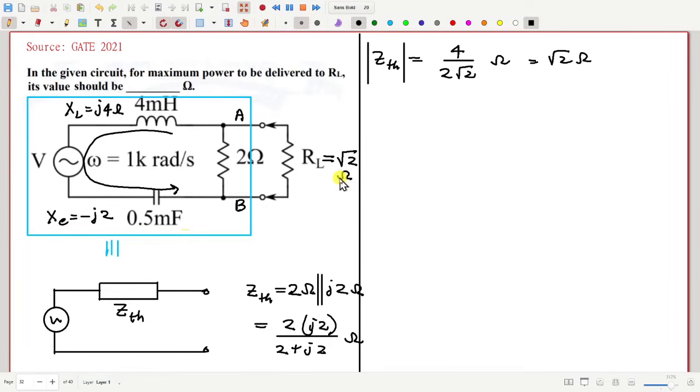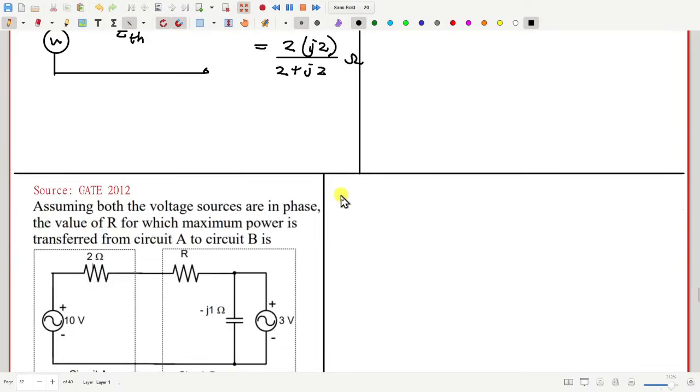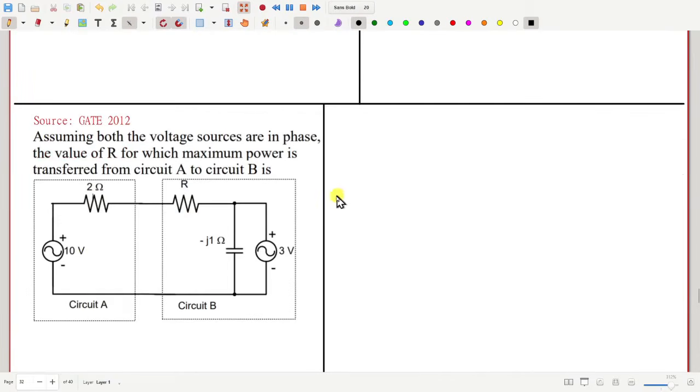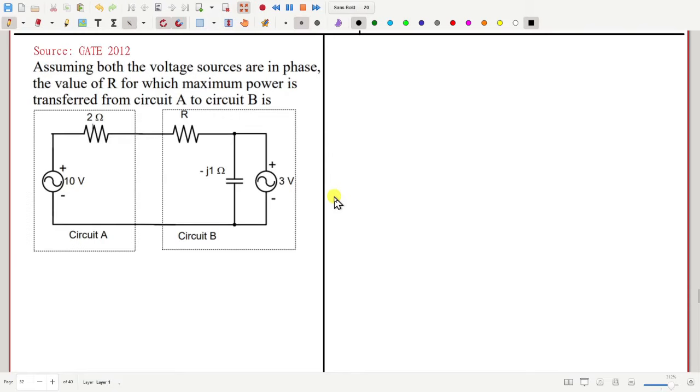Next, let us take one more example. We have a circuit which has two parts, circuit A one part and circuit B another part.